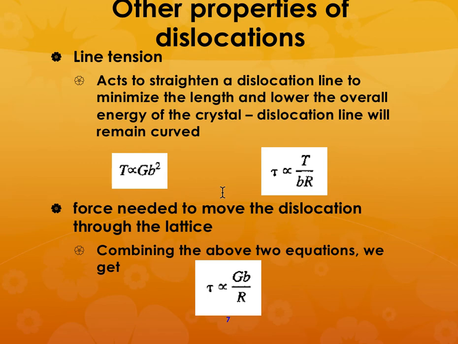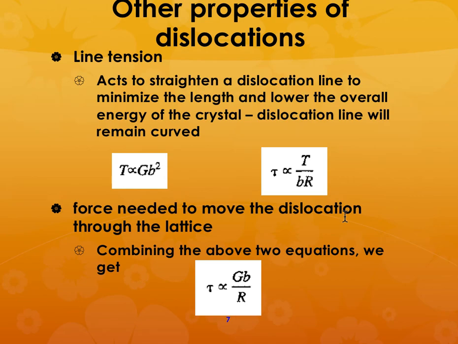And it will be easy for you to move those dislocations from one point to another when you are deforming the crystal. And as I said to you, it is proportional to GB squared, or it is also equal to the tension, and the tau, or the shear force, is proportional to T times T over B times R, where R is the radius of that line or the length of that line.